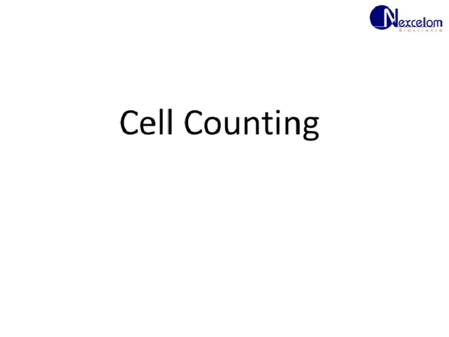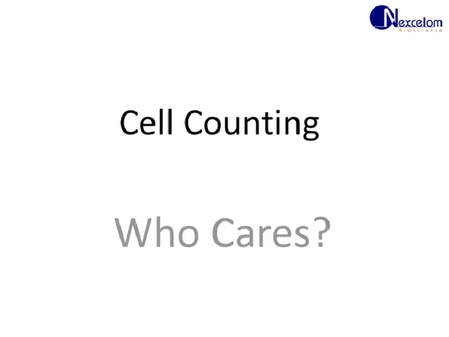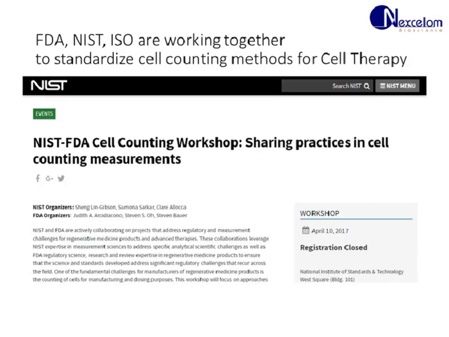So to begin with, cell counting is a very important topic, but who cares? Cell counting is actually a very trivial point in a biological experiment. It's oftentimes overlooked due to its minuscule portion in a biological assay. However, it is very important now in terms of all the cellular therapy progress that we have made in the field.